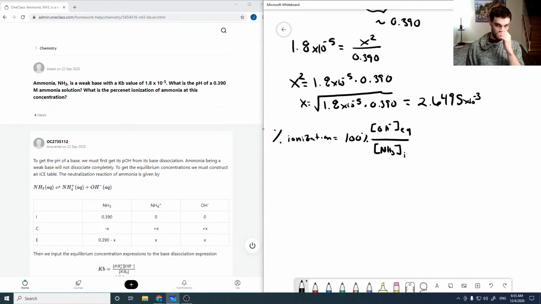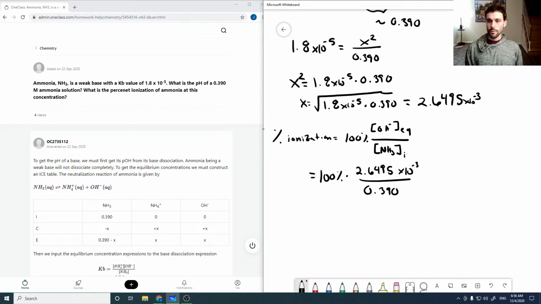So it's just how much of your initial NH3 has become ions. So 100% times 2.6495 times 10 to the minus 3 over 0.390 molar, and this will also be molar.